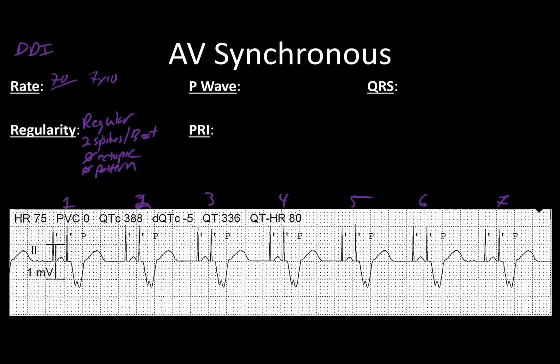In terms of a P wave, the native, we actually have none. Paced, we have really nice ones actually, right here and here. It's the same throughout the strip so that they are upright and uniform.